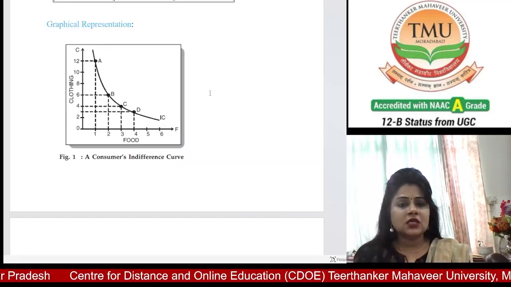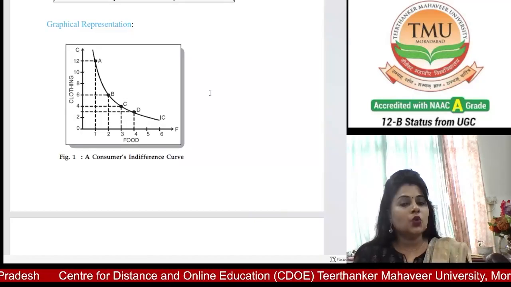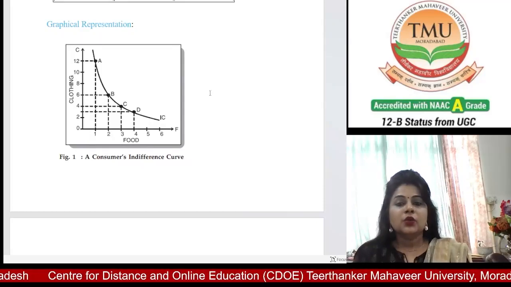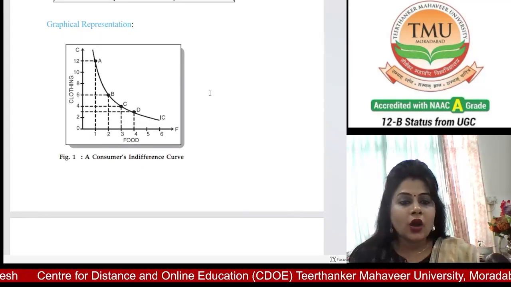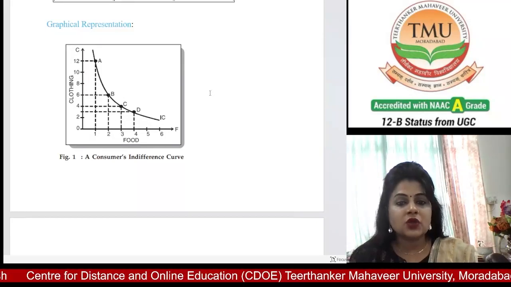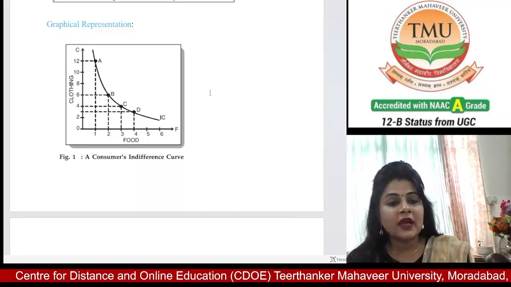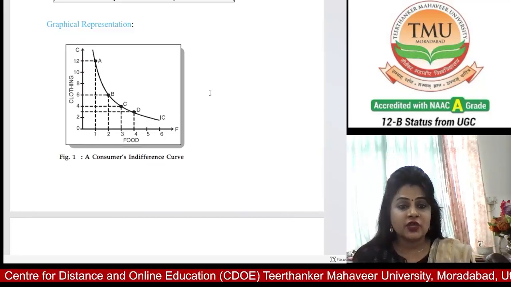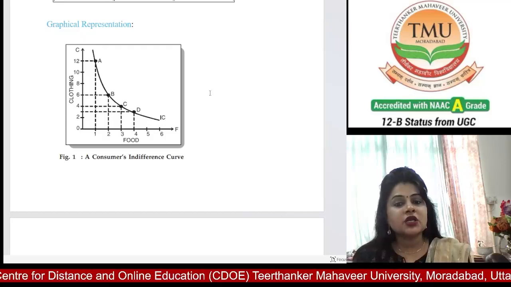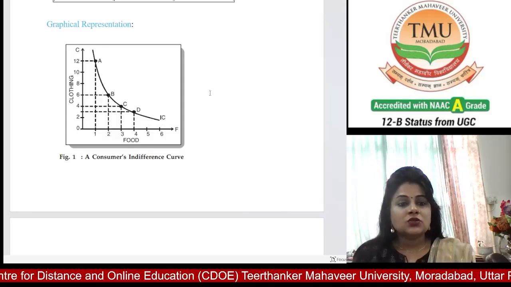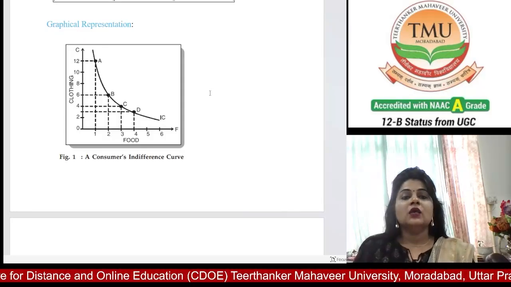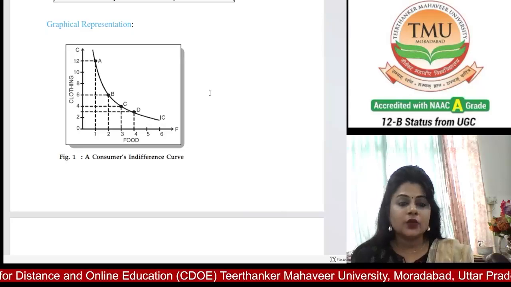And next, the consumer consuming two goods is assumed to be rational. In other words, the basic motive of the consumer is to maximize his or her satisfaction level through the consumption of two goods. So it is compulsory to have a combination of the two goods.